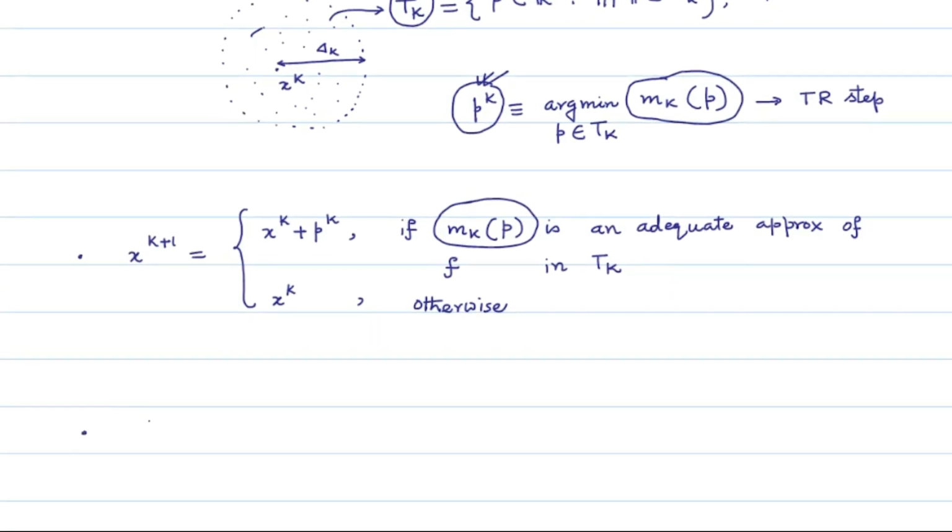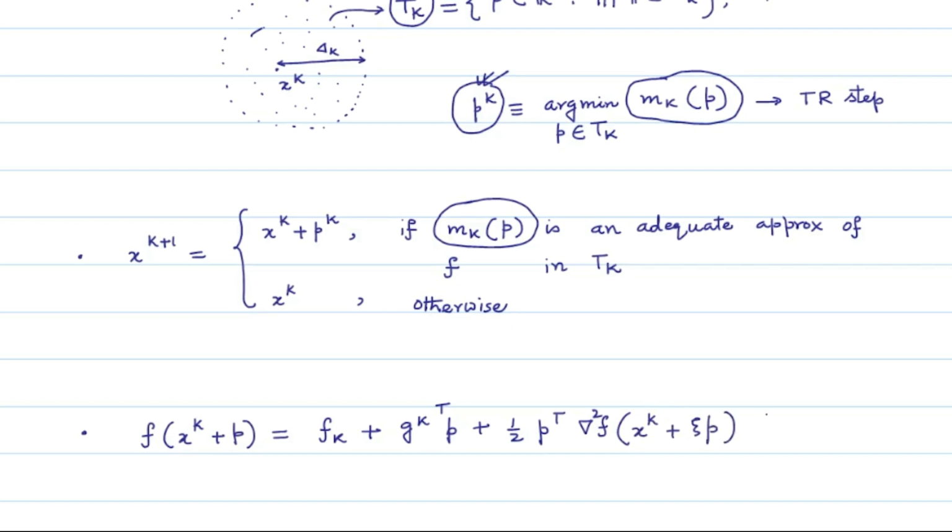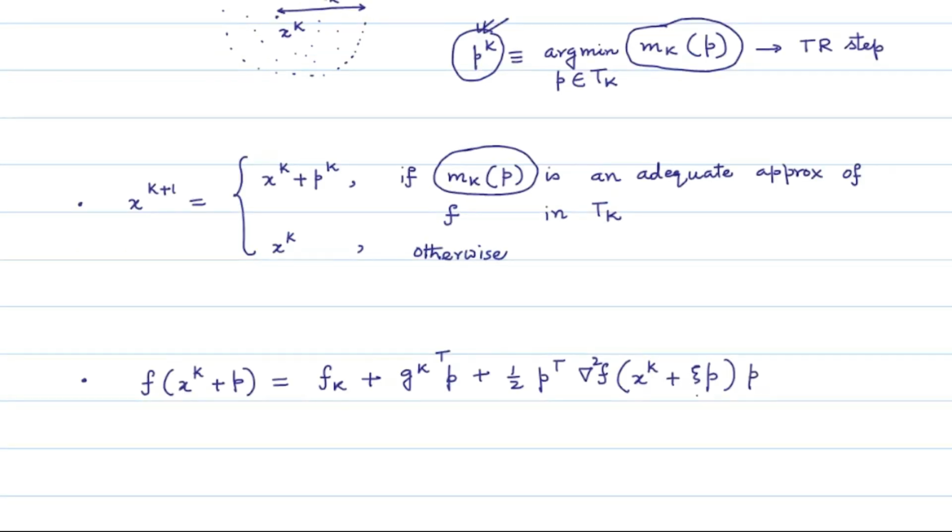The equation of Taylor's quadratic approximation around the point xk is as follows: fk plus gk transpose p plus half p transpose Hessian at xk plus a fraction multiple of p, multiplied with the vector p, where this xi k is a scalar between 0 and 1.